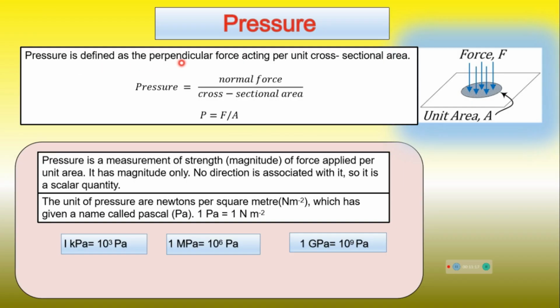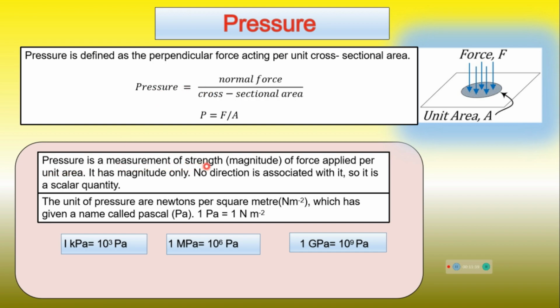Pressure is defined as the perpendicular force acting per unit cross-sectional area. Pressure is equal to normal force divided by cross-sectional area, meaning the component of force which is normal to the cross-sectional area. So that force divided by cross-sectional area gives you pressure.